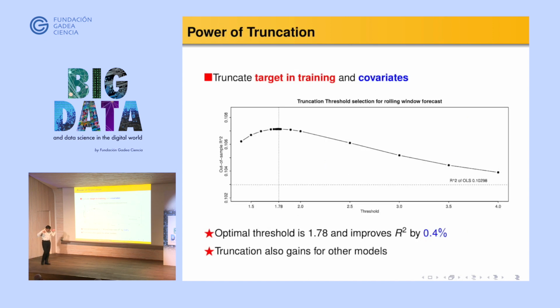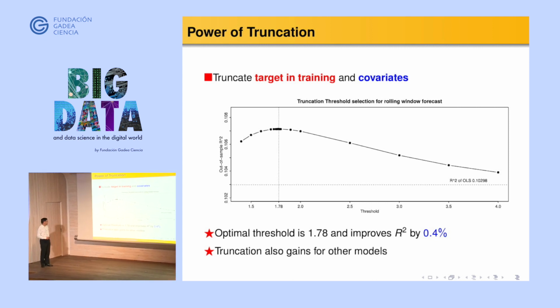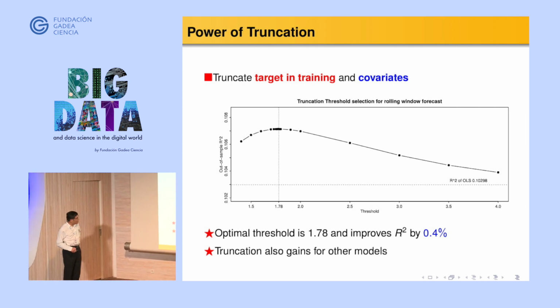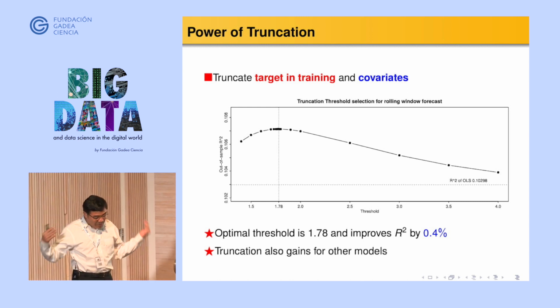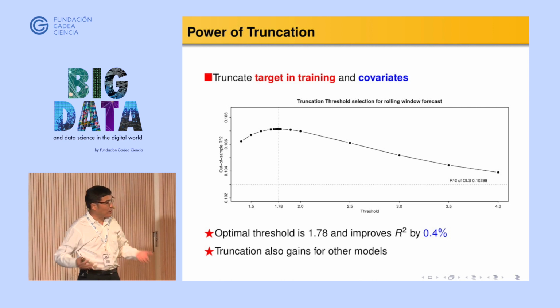Now, if I do truncated X variable, and then truncate Y variable, and try to find a more robust regression between X and Y, this is the result we get. I truncate starting from somewhere, let's say 1.5, you get the out-of-sample R squared, 1.6, and so on. If I do truncation to be infinity, of course it goes back to least squares, meaning that you are not truncating anything.